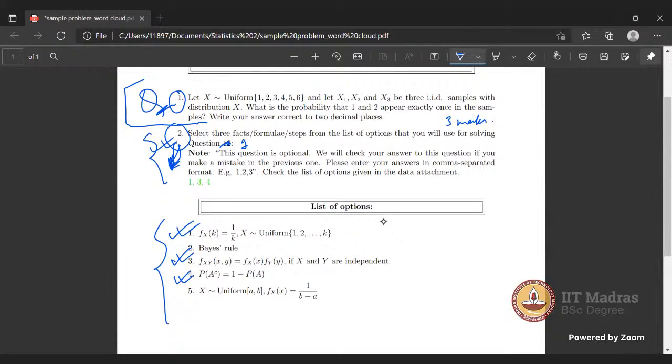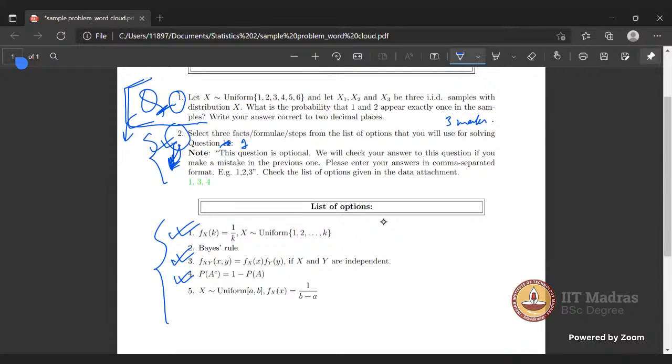Even if you answer it, it will not be evaluated. But in case you have tried this, or even if you haven't, and it is wrong, and you have also tried the second question and it is right, then we will give you some partial marks for the first question.